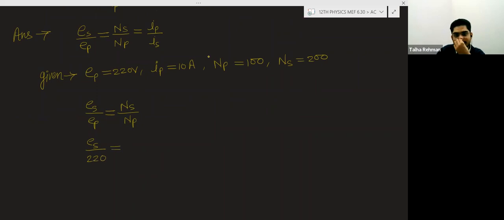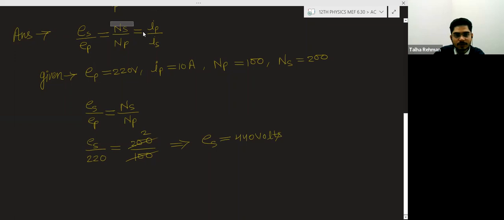What is NS? 200. What is NP? 100. This will cancel out. It will be 2. So when you multiply 220 with 2, the voltage across the secondary winding is equal to 440 volt. 440 volts. First answer is this. Second answer you can find with the help of this expression.